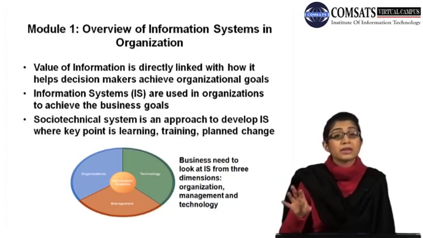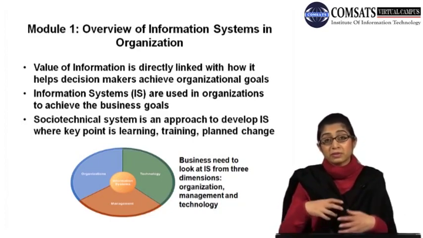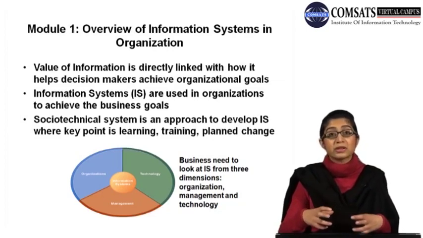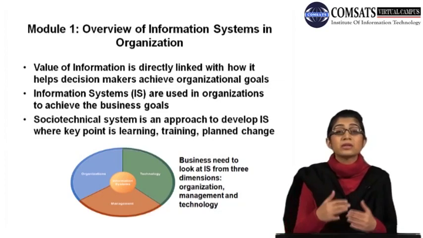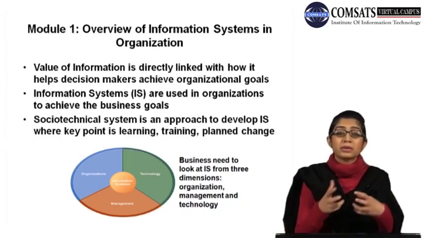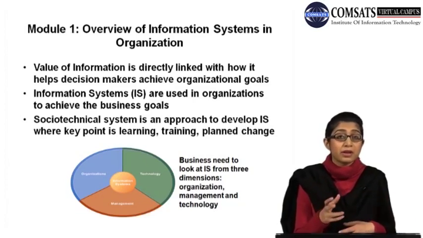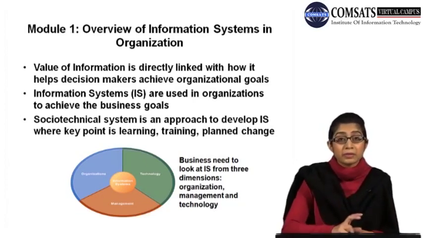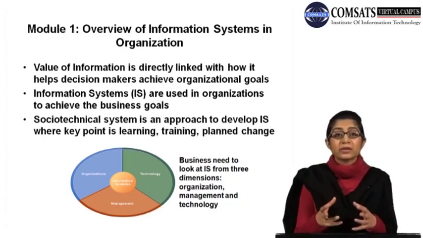Then we said that businesses need to look at information systems from three different dimensions: management, technology and organization. This means the information system deployed in the organization affects all three dimensions. When you use technology, what is the effect on the organization and on management, and what is the input of management and of the organization when you have an information system?